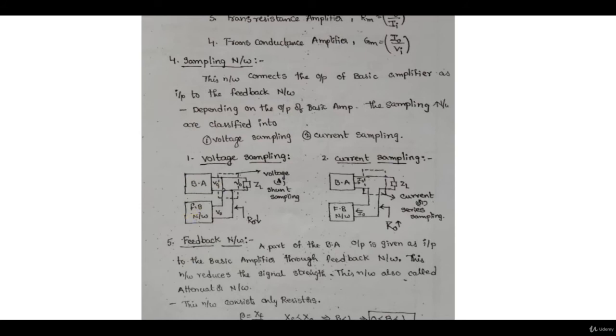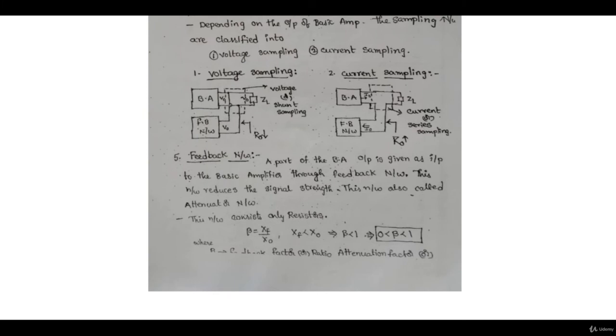Then comes the feedback network. The feedback network is the part where the basic amplifier output is given as input to the basic amplifier through the feedback network. This network reduces the signal strength. It is also called the attenuator network, so it reduces the signal strength and provides attenuation to the signal.